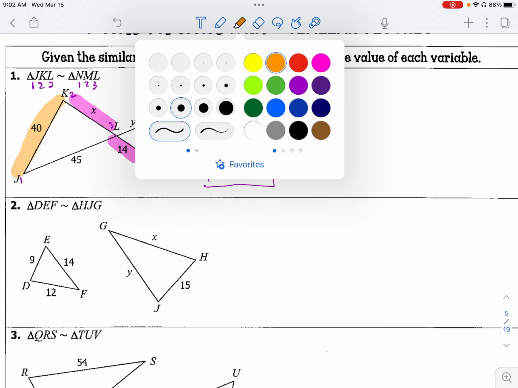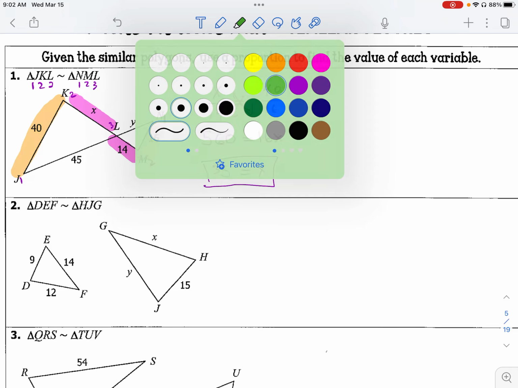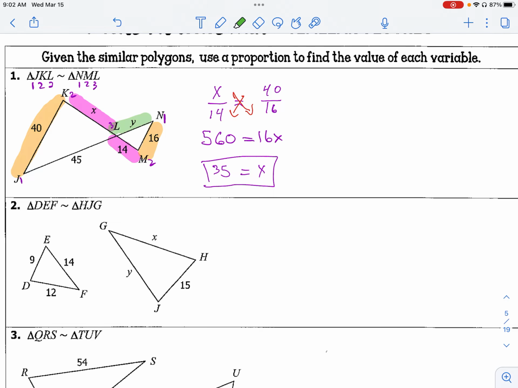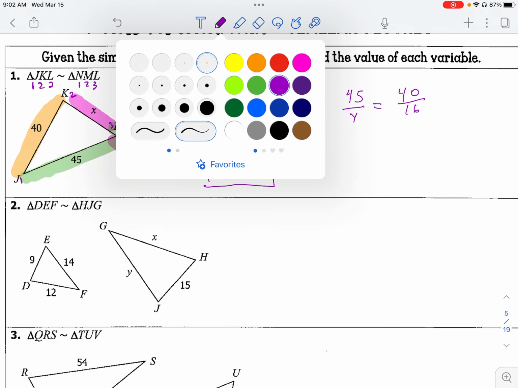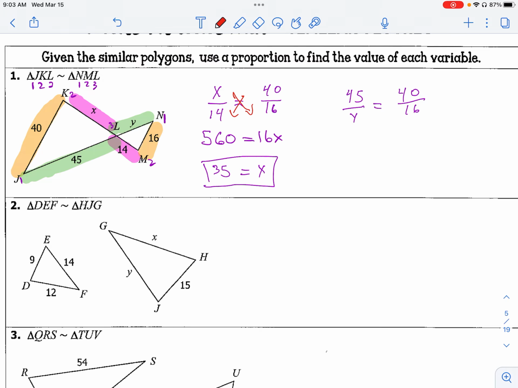All right, now we can work on our Y. And Y is right here between 1 and 3. So we get 45 over Y equals, we're going to use our same 40 and 16 because that should not change.